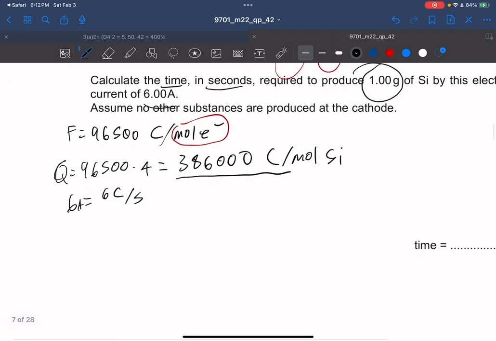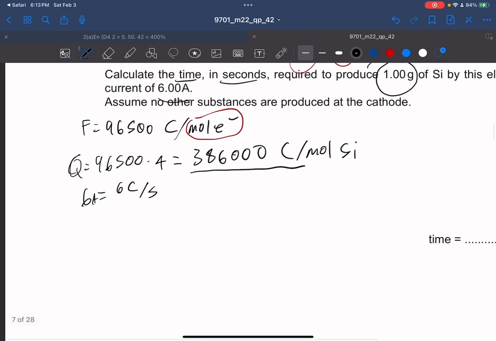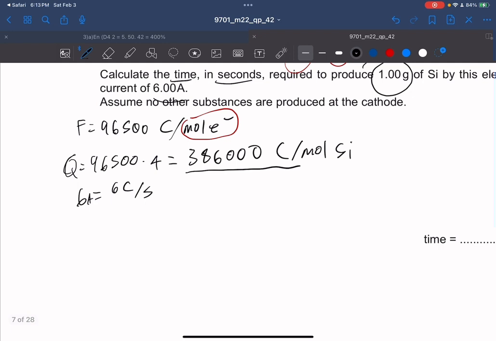Because to produce 1 mole of Si, you need 4 moles of electrons. And here we actually already have a sort of expression. You have your current, you have your charge needed for each mole of silicon.